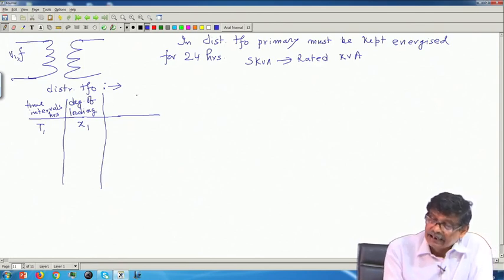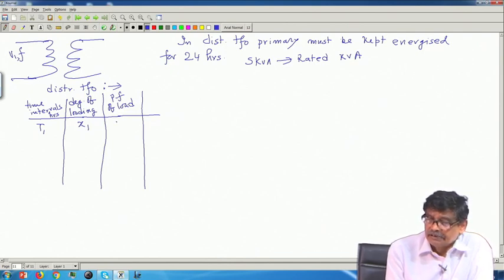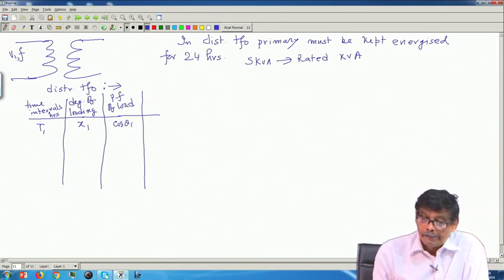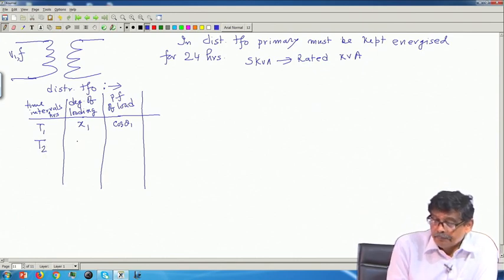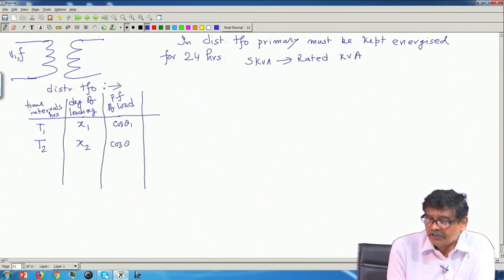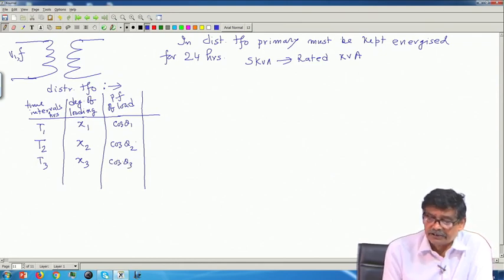Similarly, I make another column, power factor of load. Suppose it is given as cosine theta 1. In the same way, for the next T2 hours, let the degree of loading be x2 and power factor cosine theta 2. For T3, x3 is the degree of loading and cosine theta 3 is the power factor.